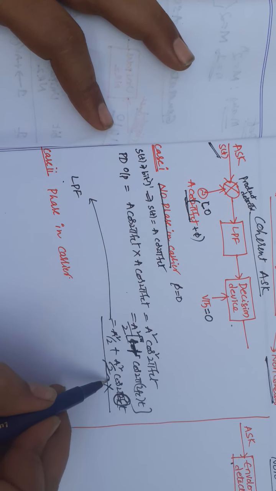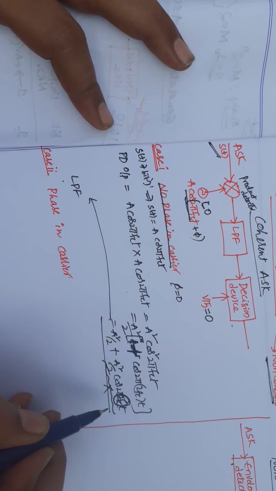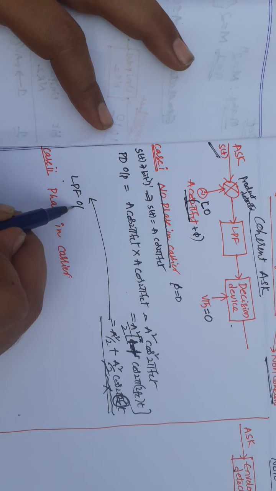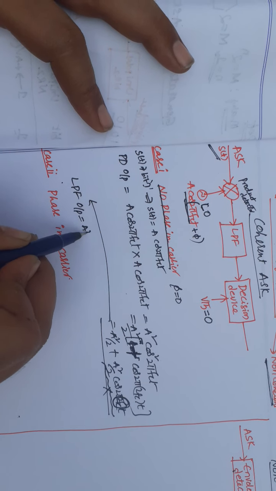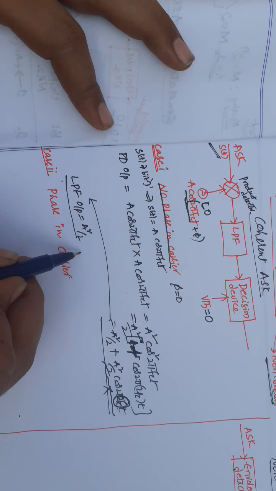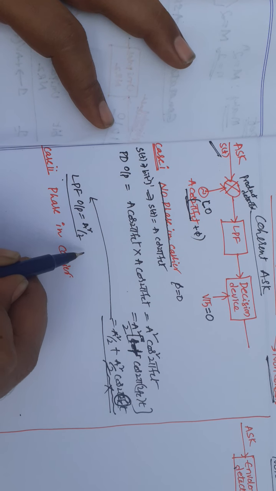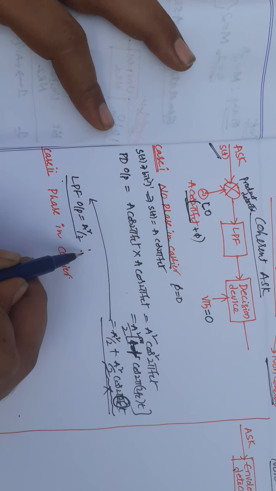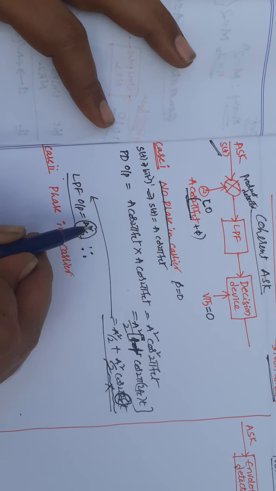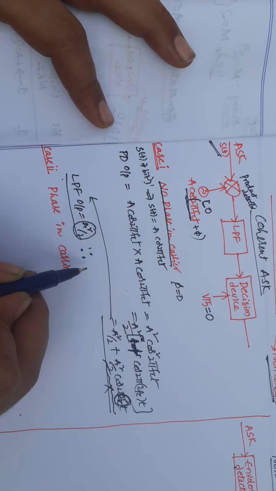The second component is not allowed by the low pass filter, therefore the low pass filter output is A squared by 2, right. The output of the low pass filter is given to the decision device, which compares this low pass filter output with the internal threshold level.